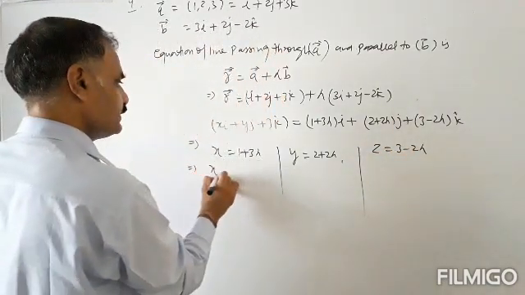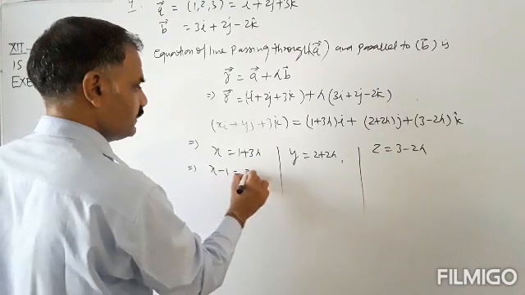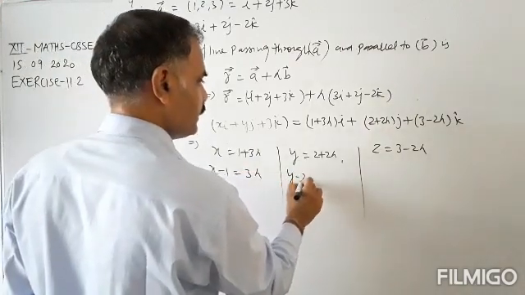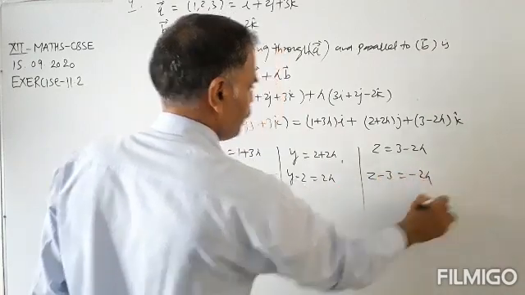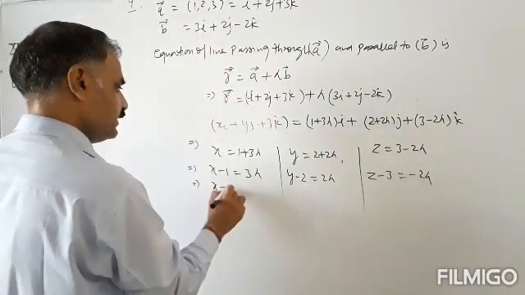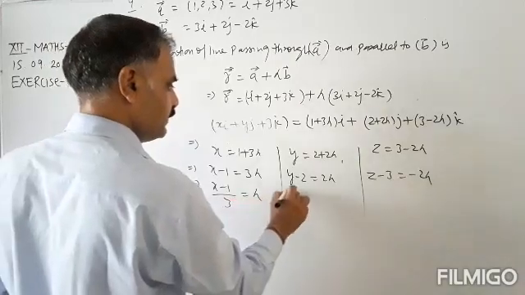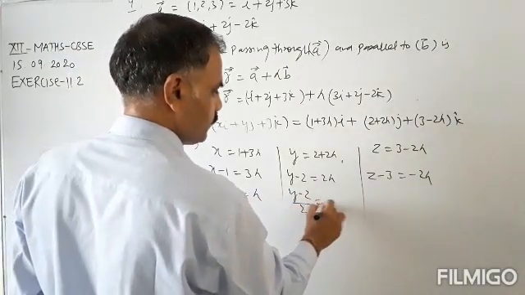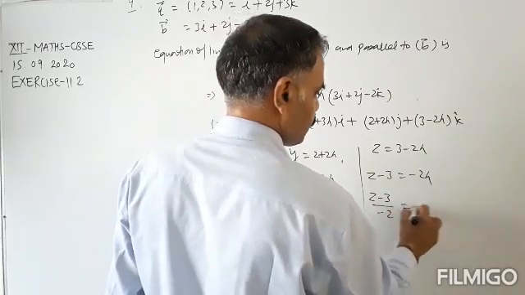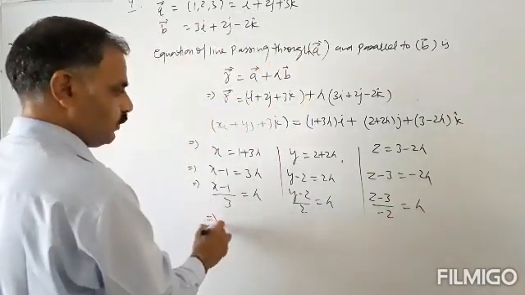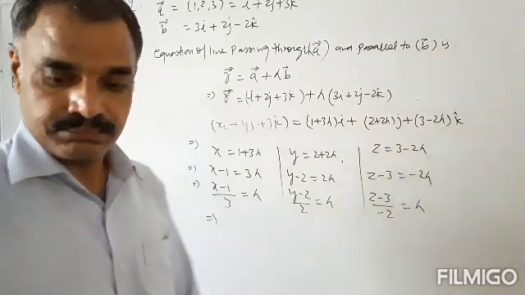So x minus 1 equals 3 lambda, y minus 2 equals 2 lambda, z minus 3 equals minus 2 lambda. So x minus 1 upon 3 equals lambda, y minus 2 upon 2 equals lambda, and z minus 3 upon minus 2 equals lambda.